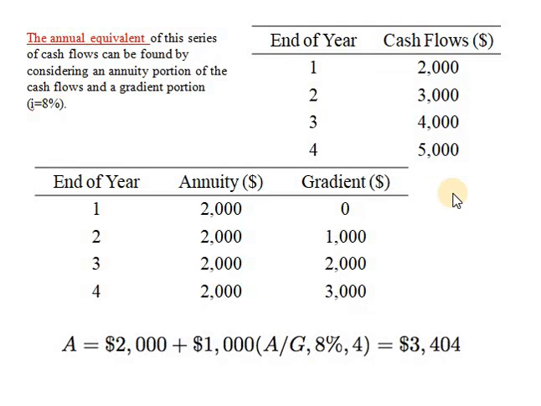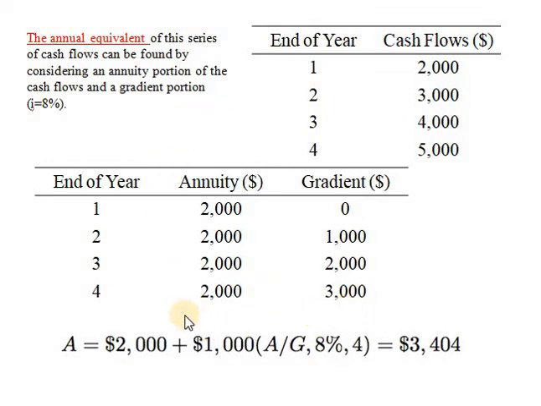But this time I don't want you to get the present worth of this cash flow diagram. I want to get the annuity of this cash flow diagram. So once again, we will be splitting it into 2 parts. Annuity of 2,000 and the pure gradient that has 0 at year 1 and 1,000 at year 2 and so on. So what will be the annuity of this cash flow diagram alone and the annuity of this cash flow diagram alone, and then I will add it.